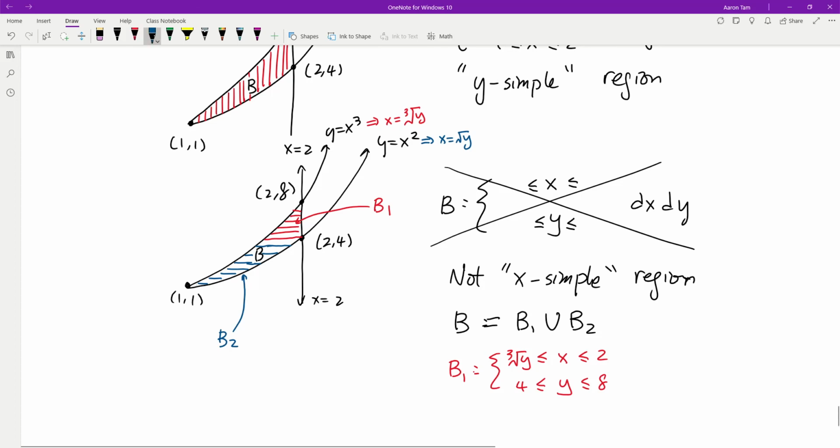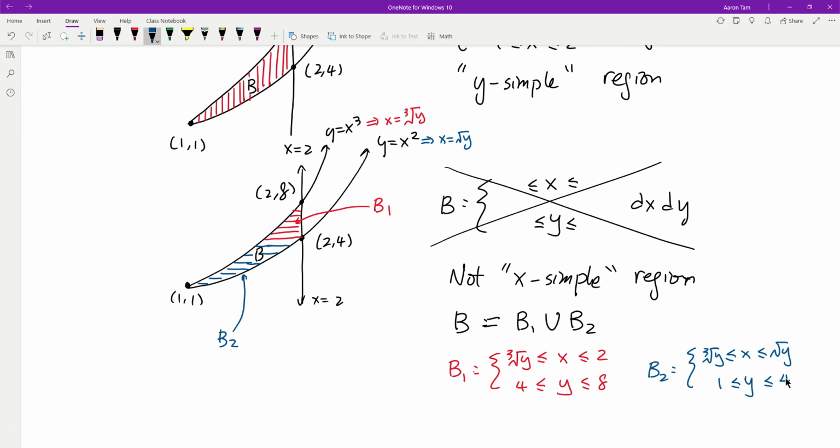And now I'm going to define B2. B2 would now be x going between cube root of y and square root of y. I don't need the 2 since it's square root of y. And y would go between 1 and 4.